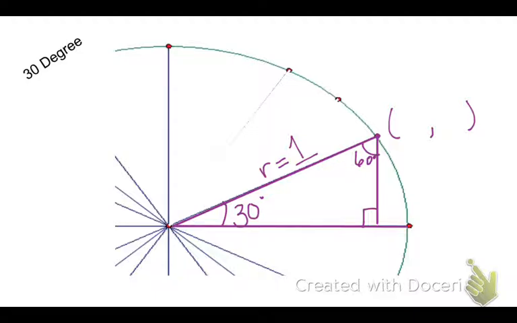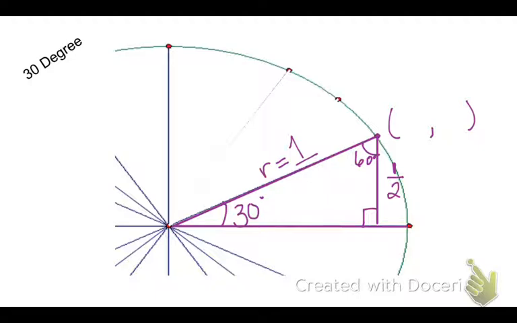Referring back to my 30-60-90-degree rules, I'm reminded that the short leg is half of the hypotenuse. Well, if I want half of 1, that would be 1/2.